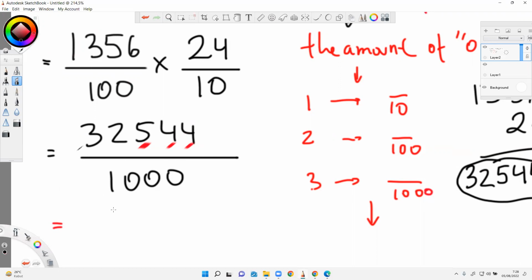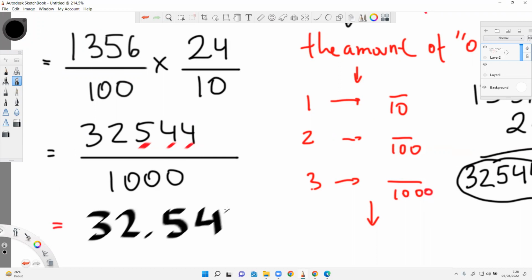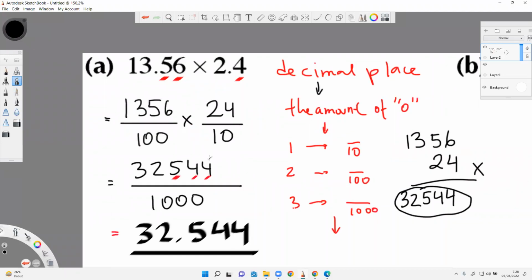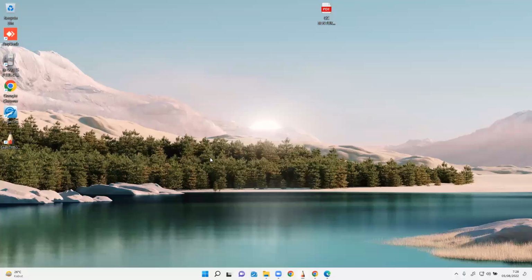So the answer will be 32.544. If you doubt the answer, you might check on the calculator itself.